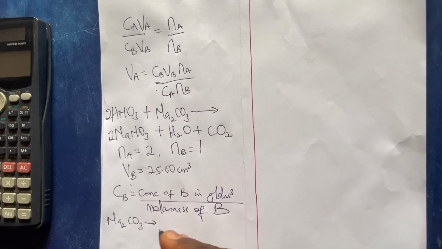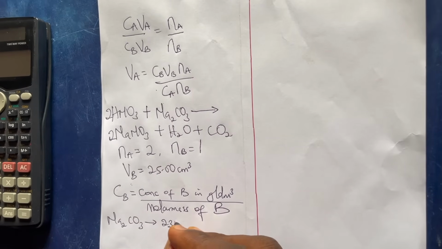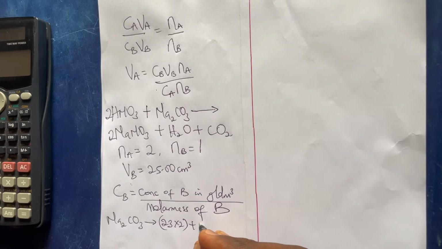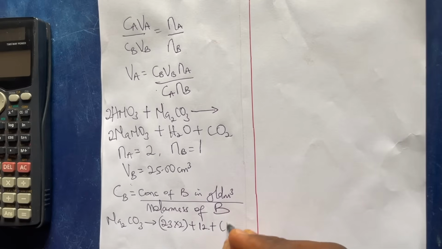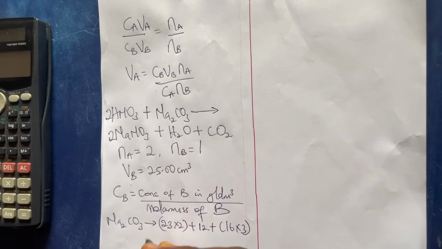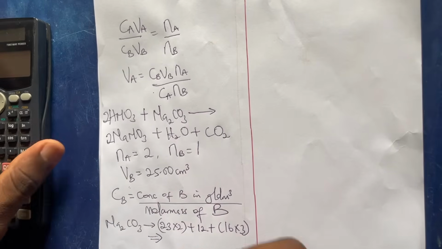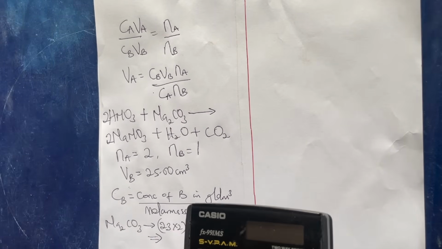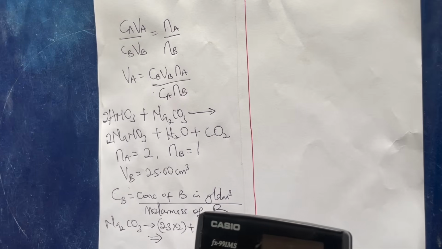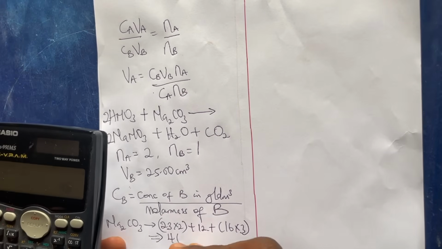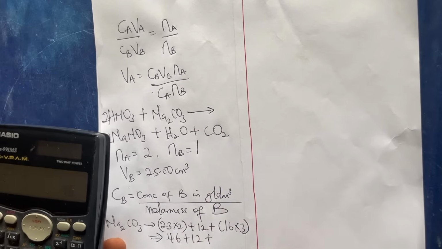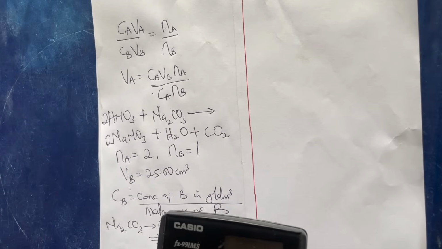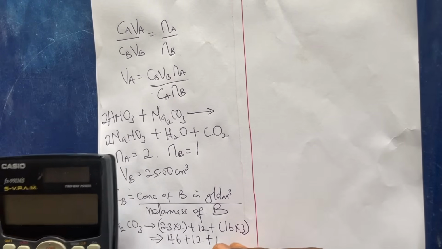Molar mass of B. Now remember that B is Na2CO3. So molar mass will be 23 times 2 plus what? Carbon is 12 plus 16 times 3. So let me press that into this calculator. I will have it as 23 times 2, that will be 46, plus 12 plus 16 times 3. 16 times 3, that's 48.